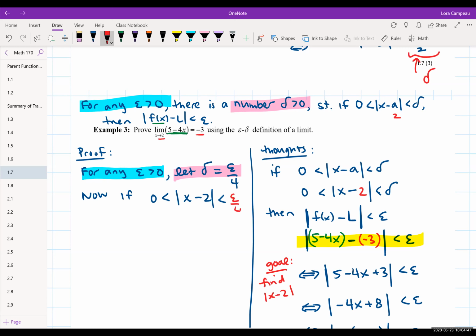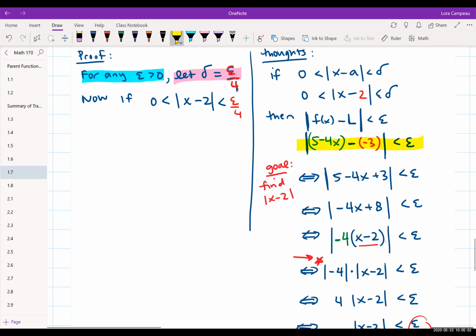I'll write it in red to remind us. We're going to work our way to see if we can get that final conclusion. And that's where this thought process comes back into play. We're assuming that absolute values are greater than 0, so we can drop off that 0 if this helps.